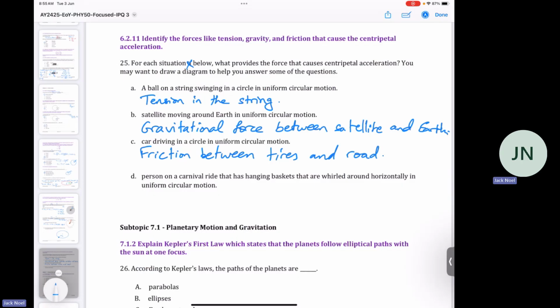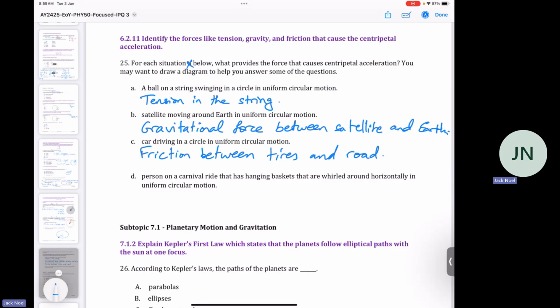Person in a carnival ride that has hanging baskets that are whirled around horizontally in uniform circular motion. You have actually two chains, and the basket is tied to those chains, and the carnival ride is basically turning around.